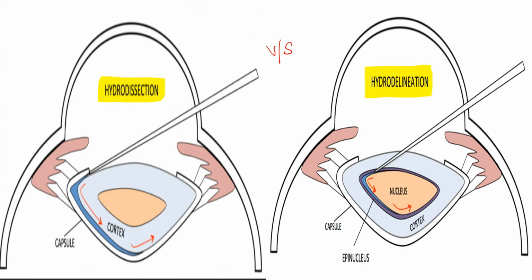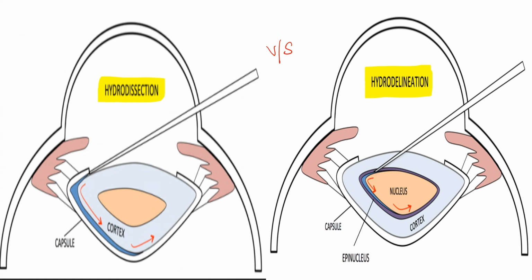In cataract surgery, we open the capsule, we remove the lens out, and we leave the capsule there, right? So in order to nicely separate the lens from the capsule, we need to separate it using the technique of hydrodissection first.